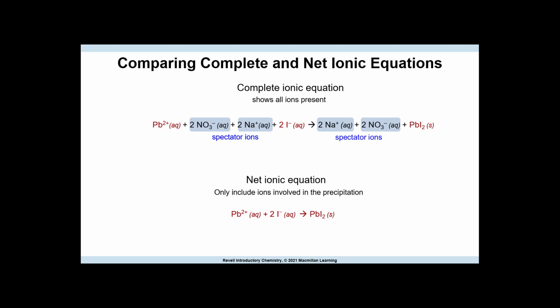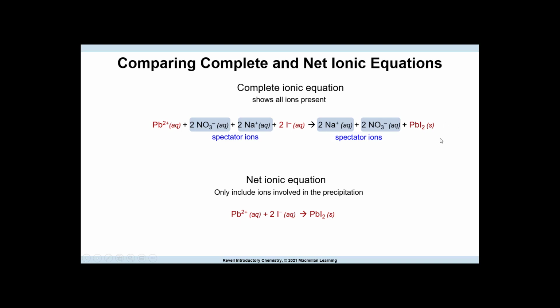sometimes it's helpful to show precipitation reactions as a net ionic equation. In this type of equation, we omit the spectator ions, so you remove them, and only include the ions directly involved in the precipitation reaction. That is a net ionic equation. That's where you have to know the terminology and understand exactly what's being asked. Because if I ask for the net ionic and you give me this, it's wrong.